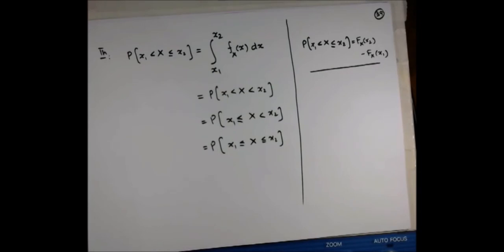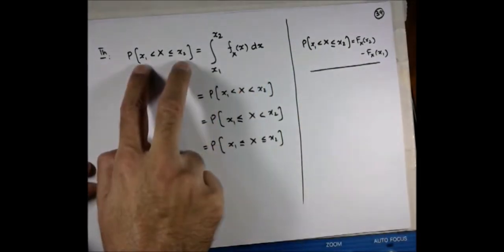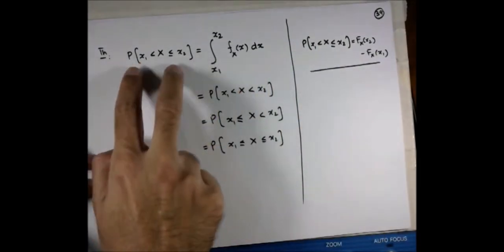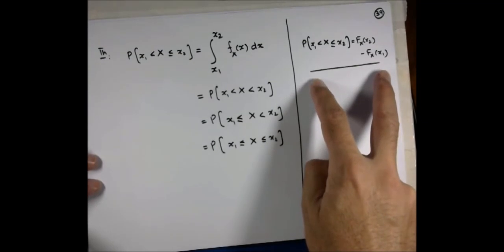Now an interesting recommendation: when you have both the CDF expression and the PDF expression available for a continuous random variable, to find the probability of a certain interval of interest, always use the CDF.